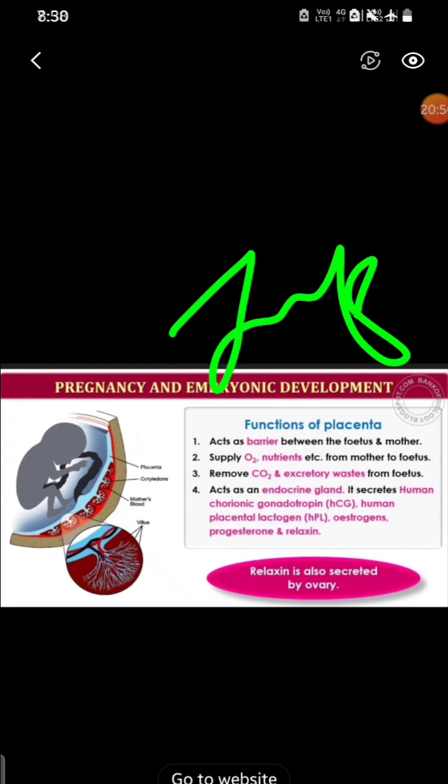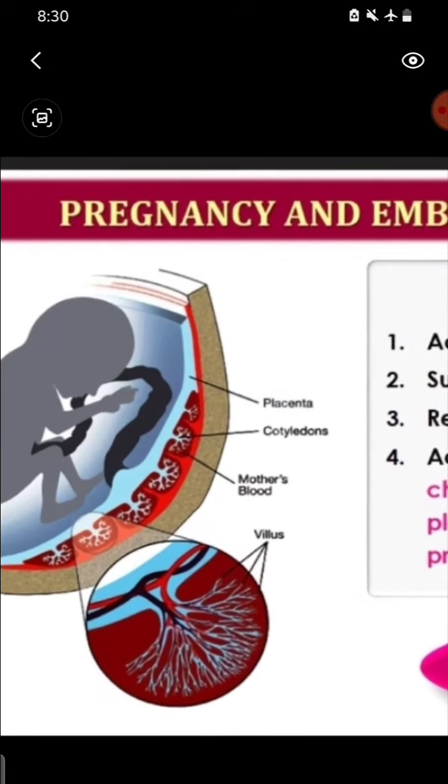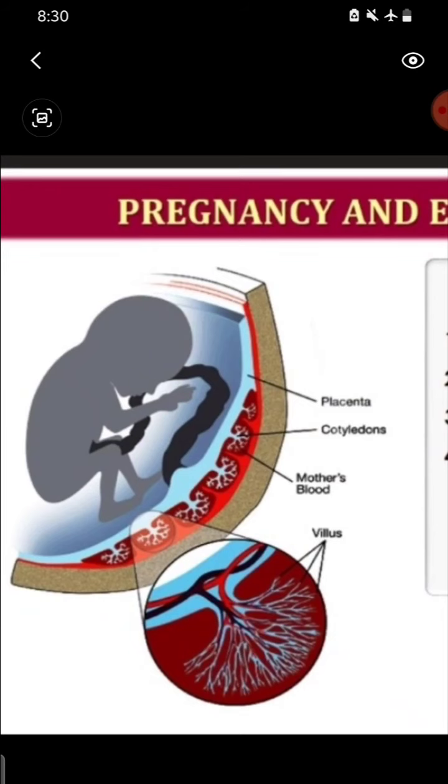Relaxin is also secreted by the ovary. See how the placenta is separating the mother from the fetus, and it is also connecting the mother to the fetus by the umbilical cord.